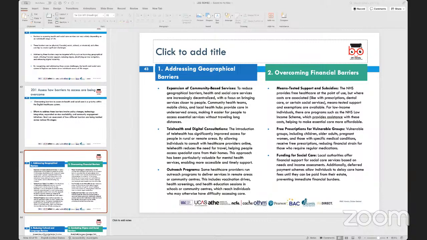In some cases, you could ask for these support services to be provided to you wherein there are people who are able to speak multiple languages.